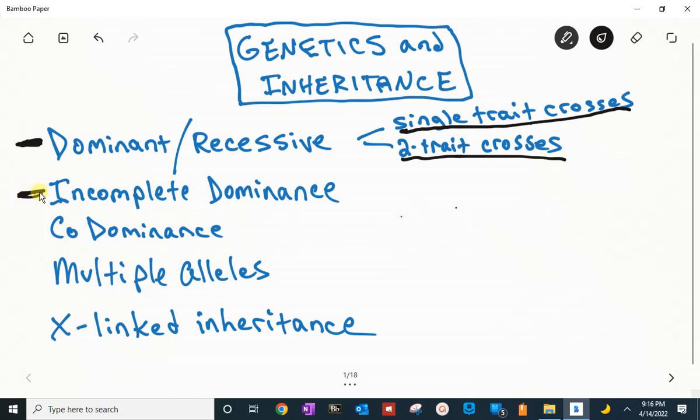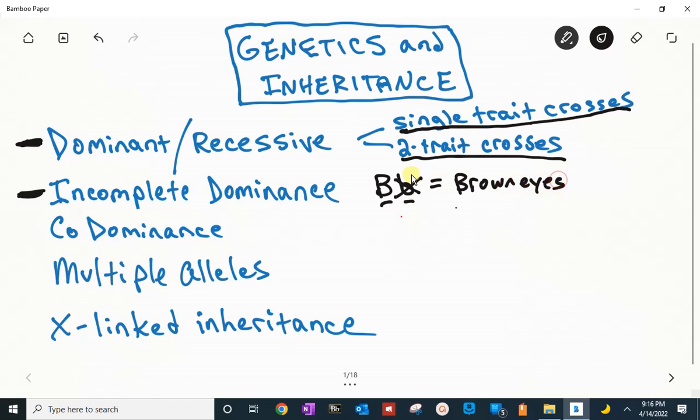There is also the mechanism of incomplete dominance, where it's not just, like we had as an example before, somebody has brown eyes and the other parent has blue eyes, and so the brown eyes cancel out the blue eyes, and the child ends up with brown eyes.